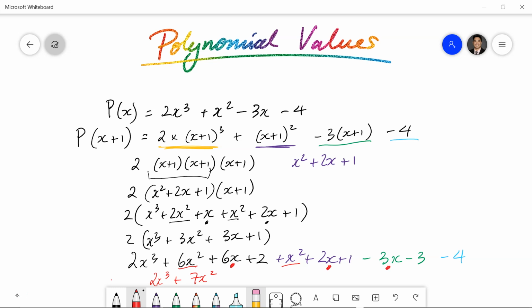So 6 plus 2 is 8, minus 3 is 5x. Then we have a 2, a 1, a minus 3, and a minus 4. So 2 plus 1 is 3, minus 3 cancels out, and you're left with minus 4. So when we substitute x with x plus 1, we have 2x cubed plus 7x squared plus 5x minus 4.